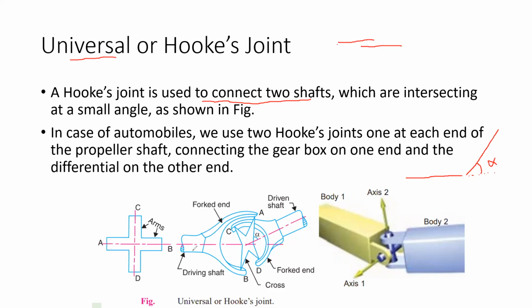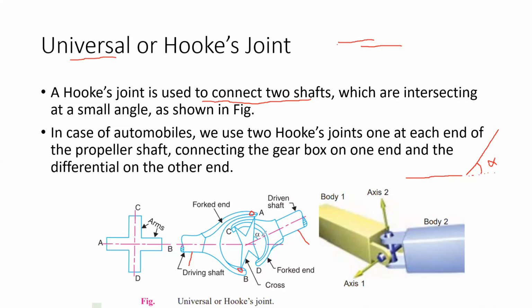For example, you want to connect this driving shaft and this driven shaft. You need to make the end of the driving shaft in the form of a fork like this, and this fork will have bearings. Here you will have the holes.